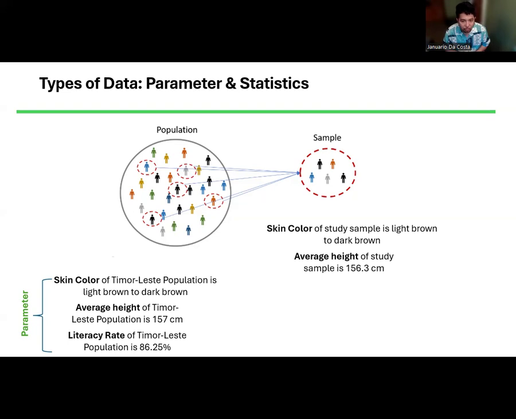Or the literacy rate of a study sample: the sample shows that the literacy rate is about 85% only.